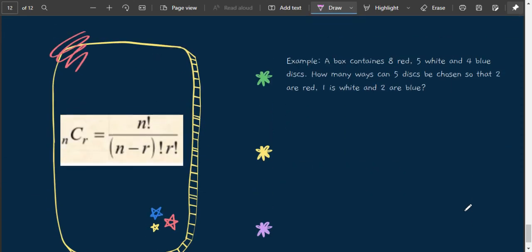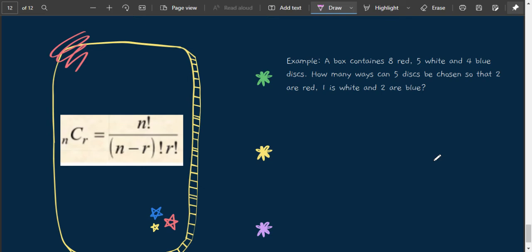Then, last example. A box contains 8 red, 5 white, and 4 blue discs. How many ways can 5 discs be chosen so that 2 are red, one is white, and two are blue. Para rin siyang katulad kanina, di ba? Yung katulad lang din siya nung sa committee.